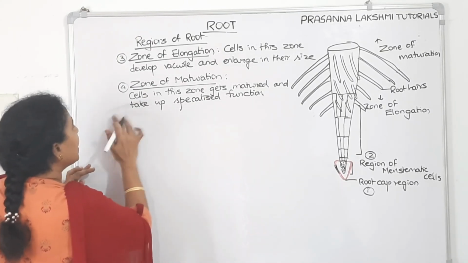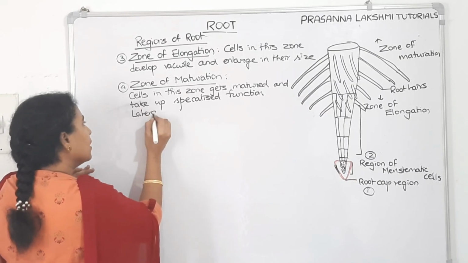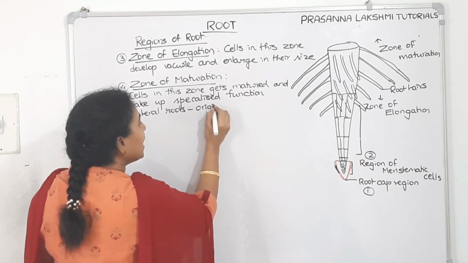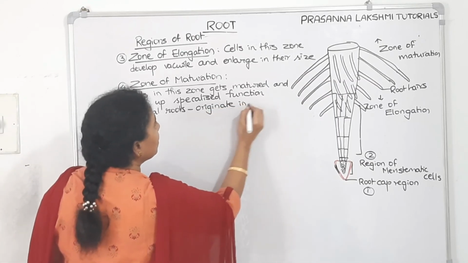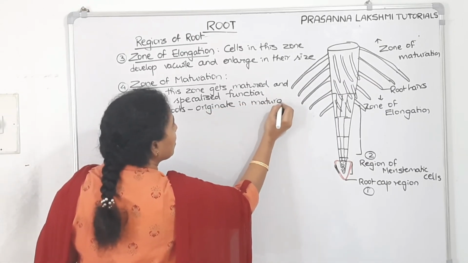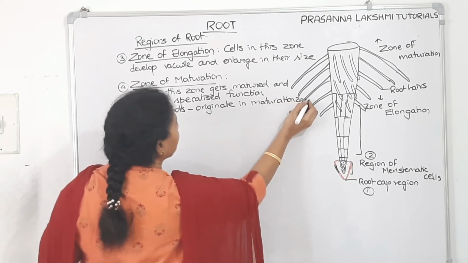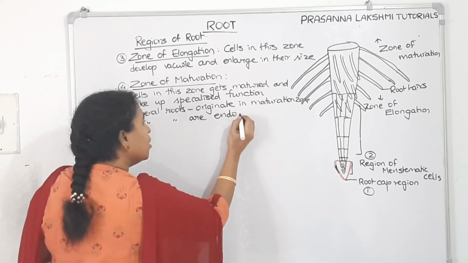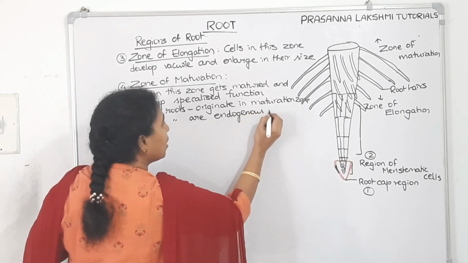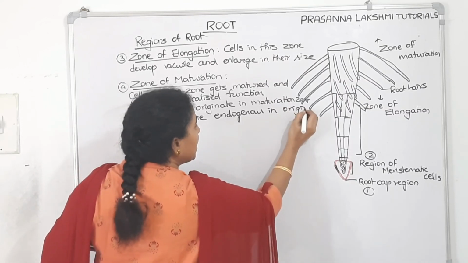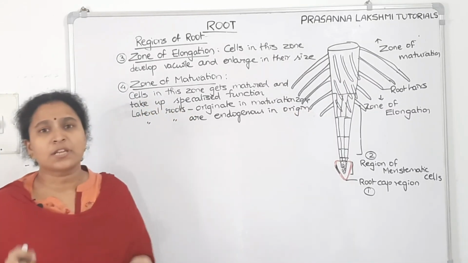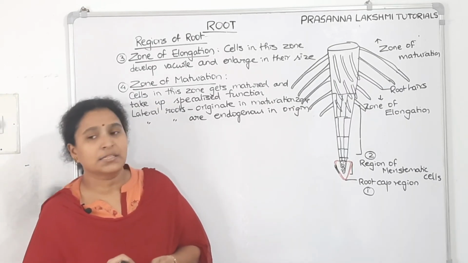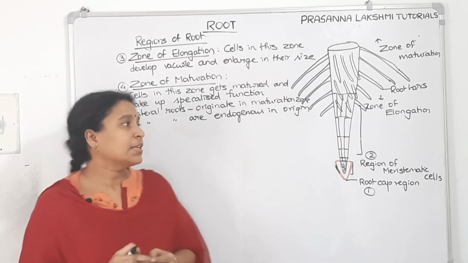So we will start with lateral roots. Lateral roots originate in maturation zone only. And lateral roots are endogenous in origin. Means they are not projecting just from outside, they are coming from pericycle. Lateral roots are endogenous in origin.